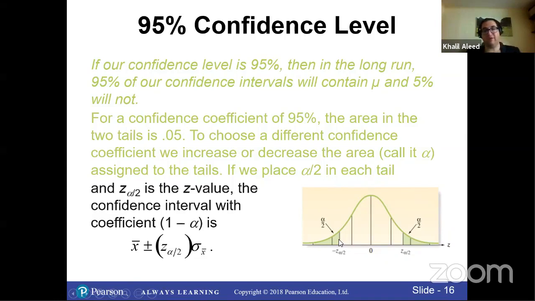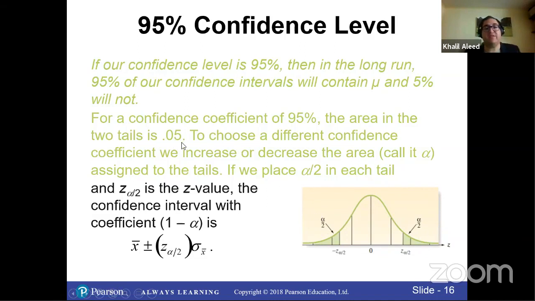That will leave only 5% that the estimation you have is wrong. This 5% could be on either side, the left or the right. So that's why we divide this 5% into 2.5 to the left and 2.5 to the right, what we call alpha by 2 here and alpha by 2 here.